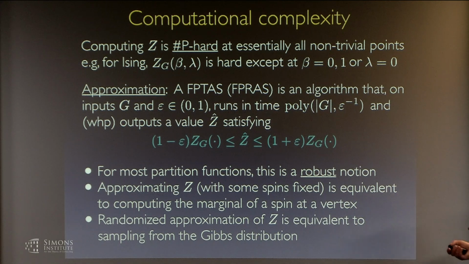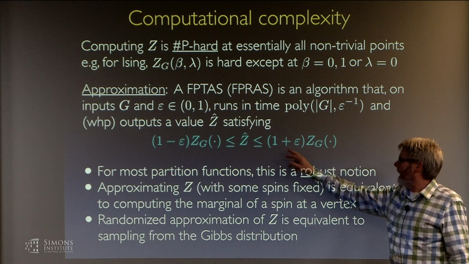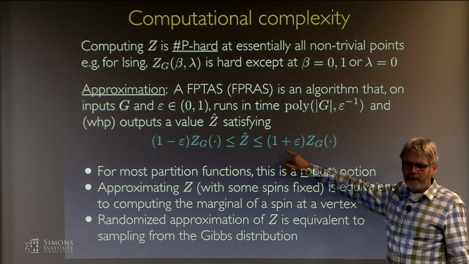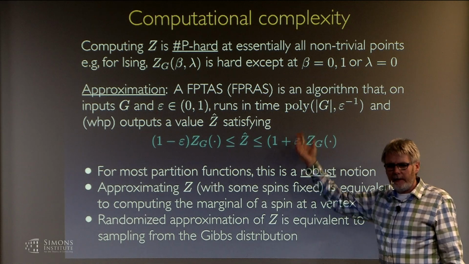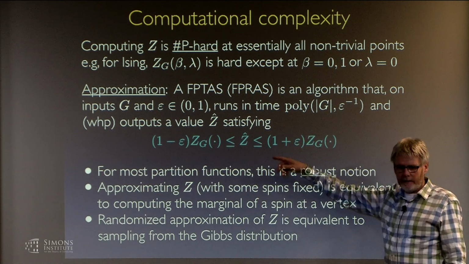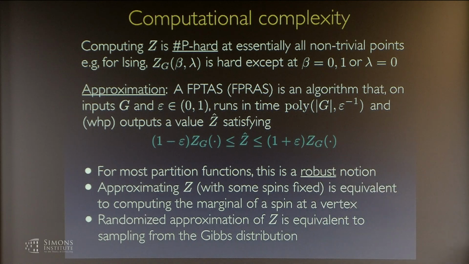And by a semi-decent approximation algorithm, I would mean one that has maybe a polynomial factor, like n to the 100. So if you can approximate Z within an n to the 100 factor, then it can be bootstrapped to such an approximation. At least with randomization.